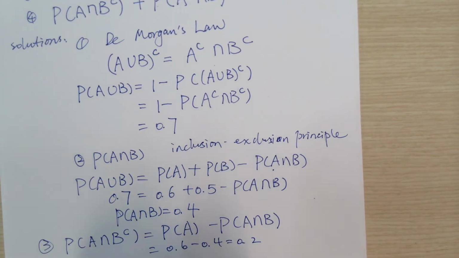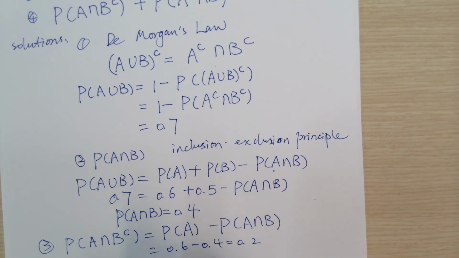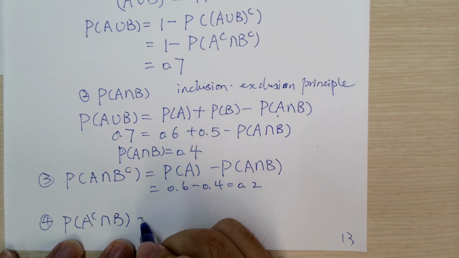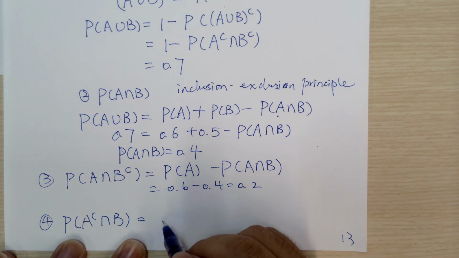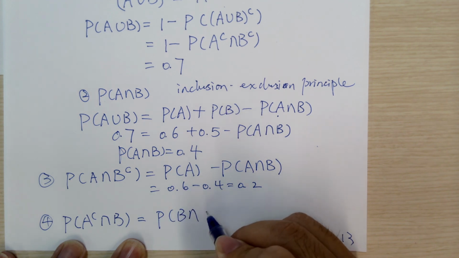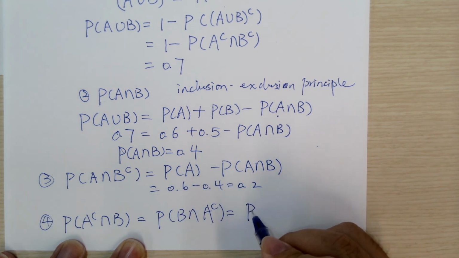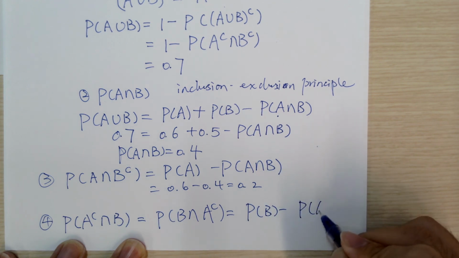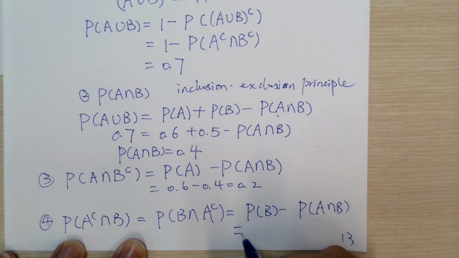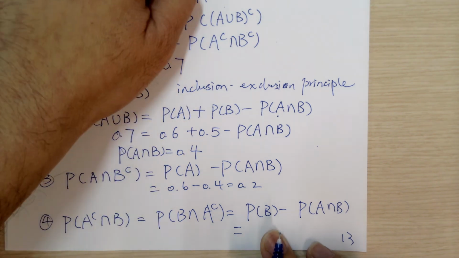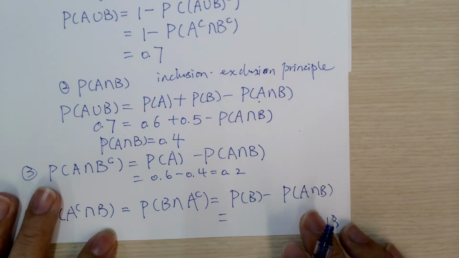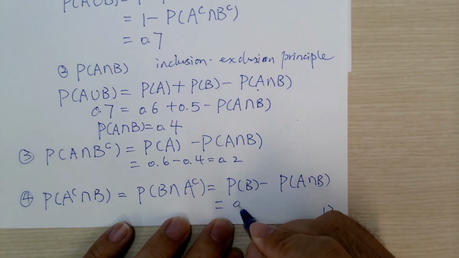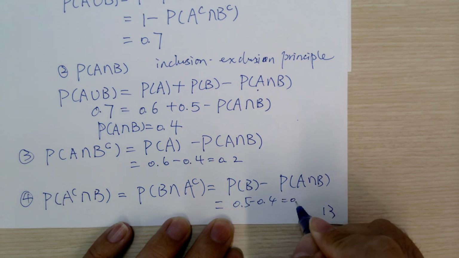So basically for number 4, as long as we can figure out A complement intersect B, which as you can see here, if you alternate the order, is P B intersect A complement, so you realize this equals PB minus P A intersect B, which is the probability of B, which is rain tomorrow, we discussed is 0.5, and then PA intersect B is 0.4, so it's 0.5 minus 0.4 equals 0.1.